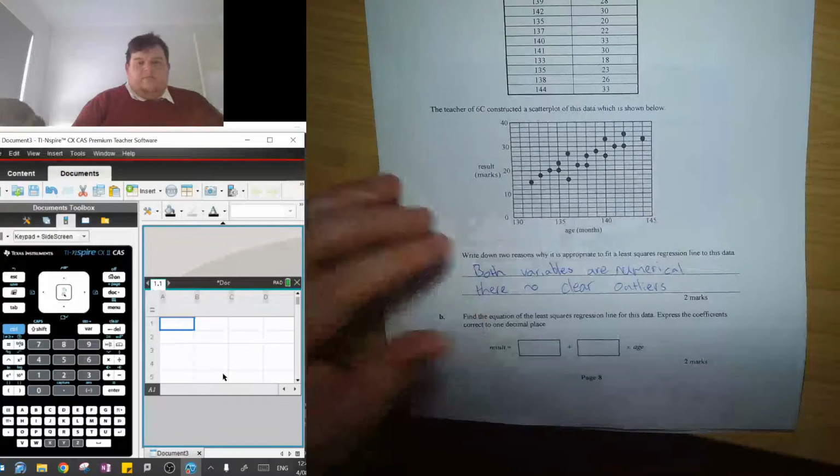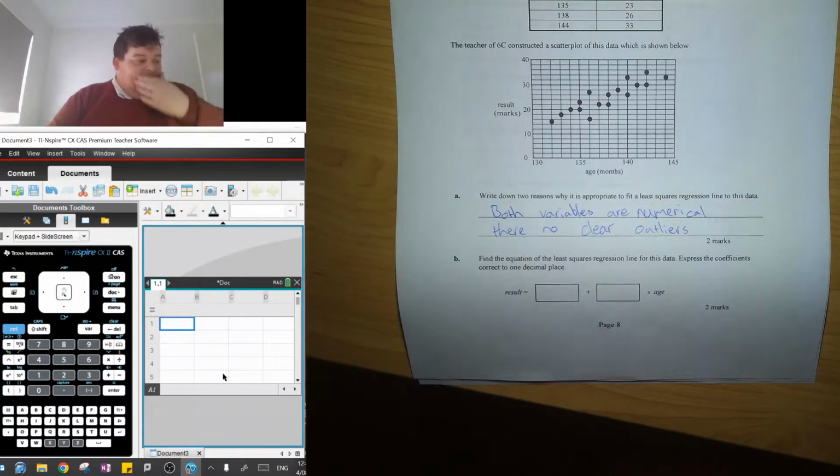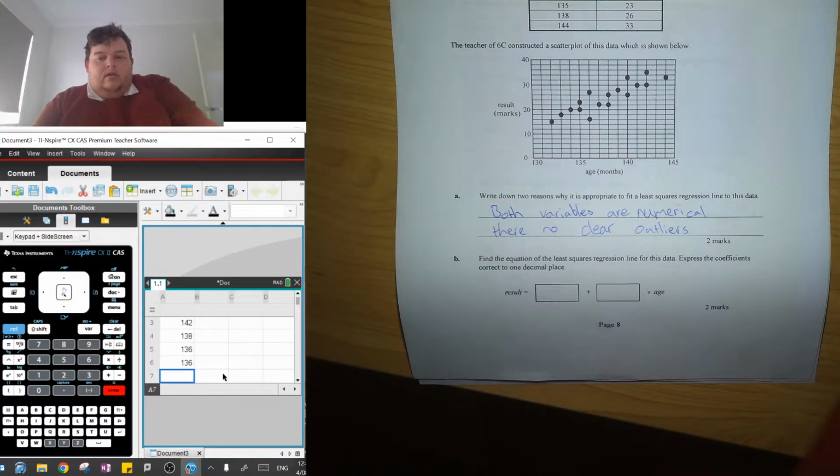So it's based off the assumptions that you make when you do this sort of analysis, which is essentially saying that you assume that the relationship is linear, and the other part is that there are no outliers and both variables have to be numerical. So I think any two of those three would have been acceptable.